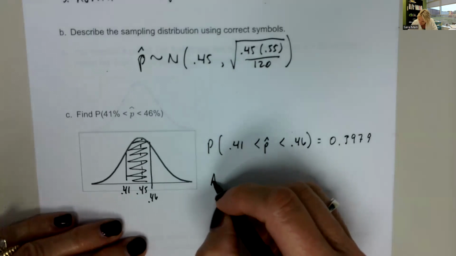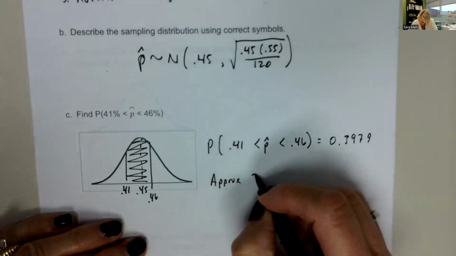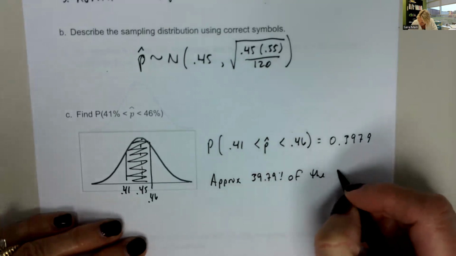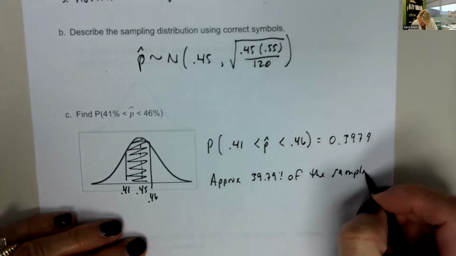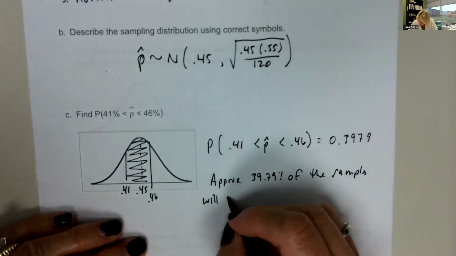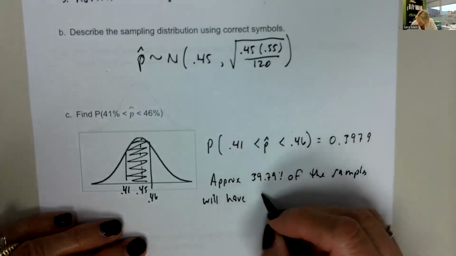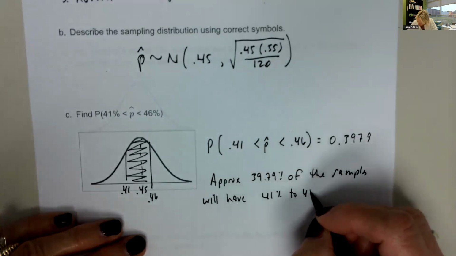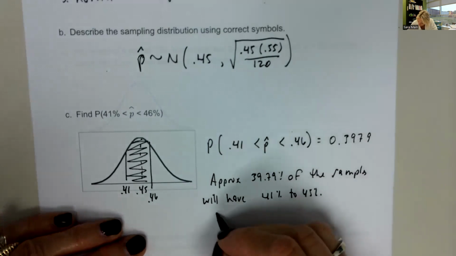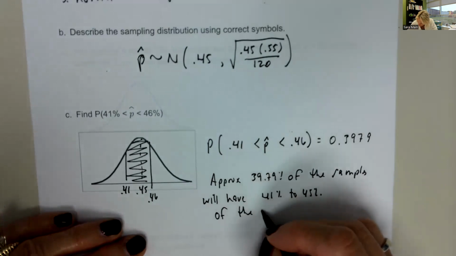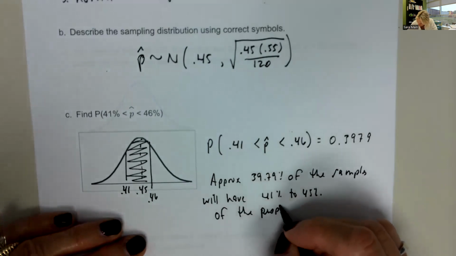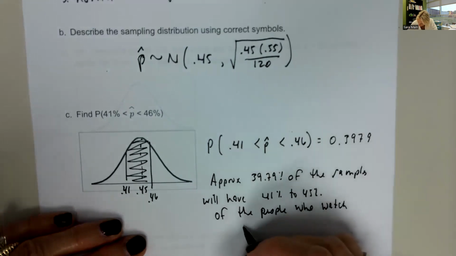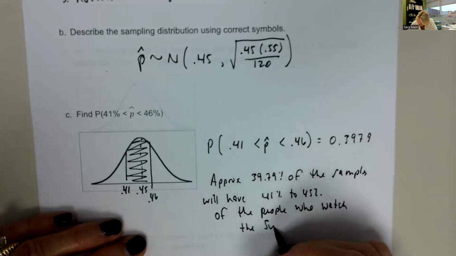So approximately 39.79% of the samples will have 41% to 46% of the people who watch the Super Bowl.